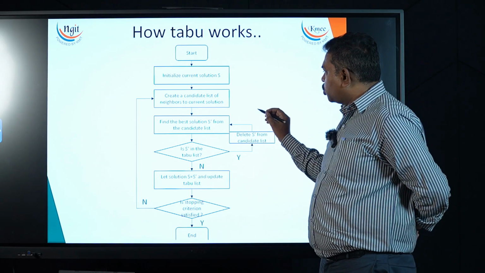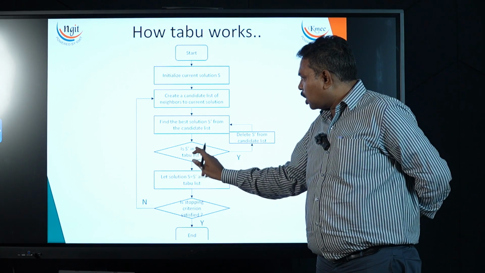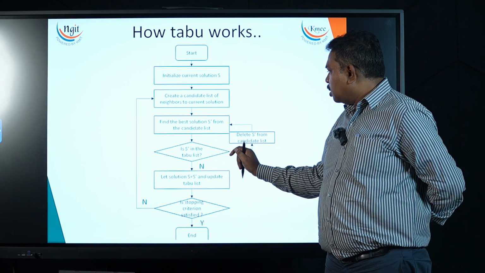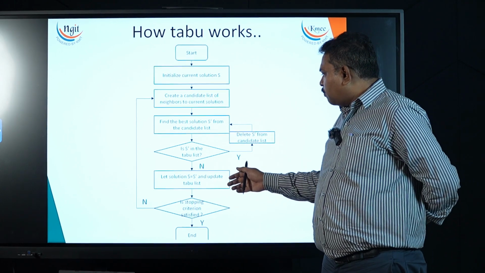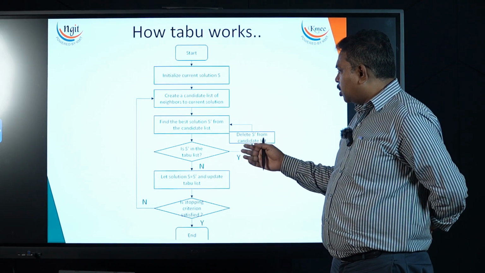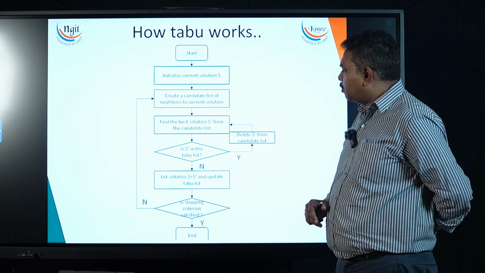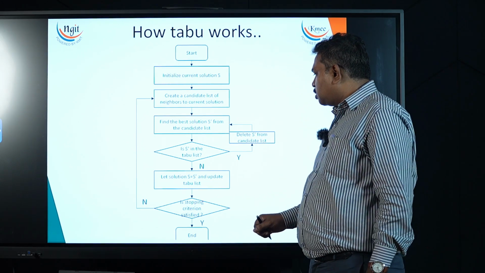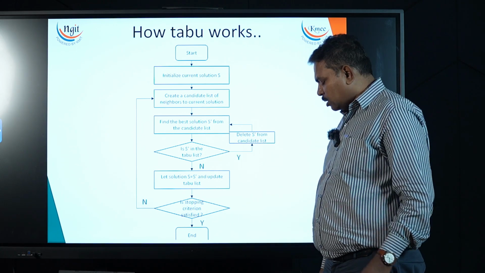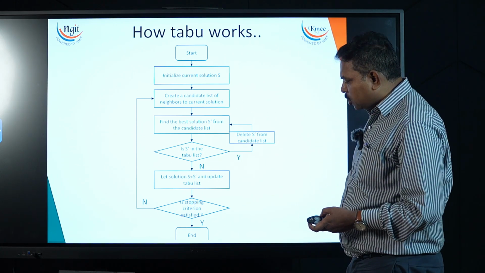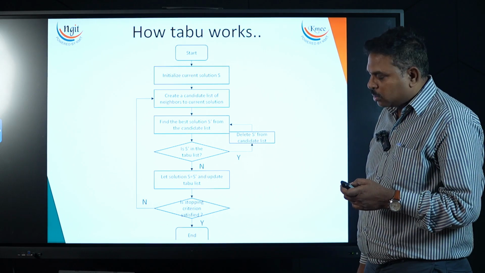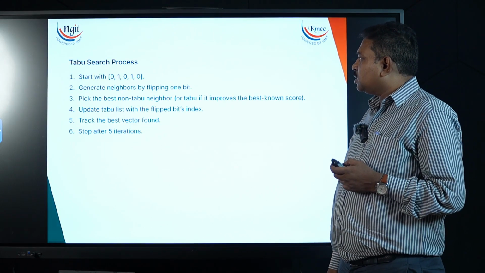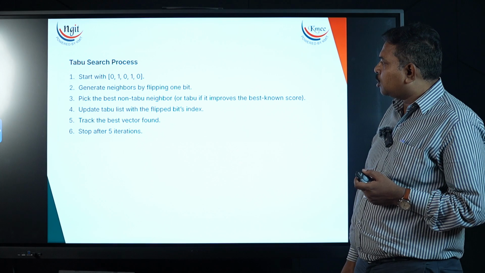We maintain one tabu list. If that solution already exists in that list, we discard it, because that is forbidden. Tabu means forbidden, an already visited list, with no need to revisit. If it is not there, we add it to the tabu list, and we stop when a sufficient solution is identified.